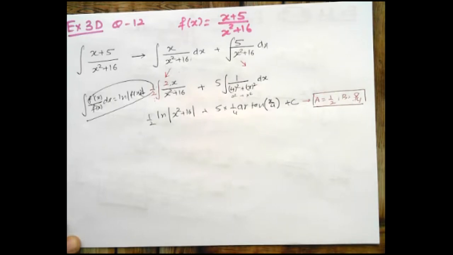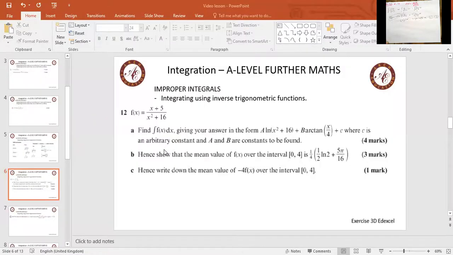Then we look at the second part of the question. It says, hence show that the mean value of this function over the interval 0 to 4 is this. Mean value, like we've discussed before, is the integral divided by the full width or range of the interval.